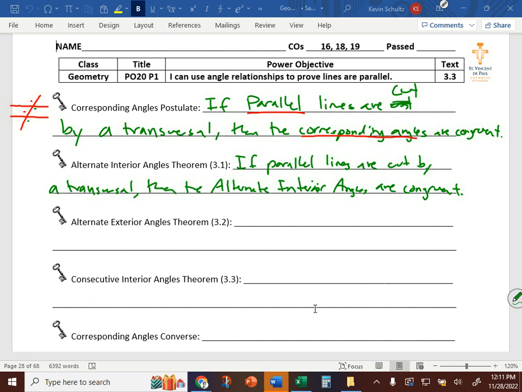If parallel lines are cut by a transversal, then the alternate interior angles are congruent. What's the relationship of alternate interior angles? Tell me where I can find them. Kylie. On the inside of... Yep. In between, on the interior of our two parallel lines on alternate or opposite sides of the transversal.